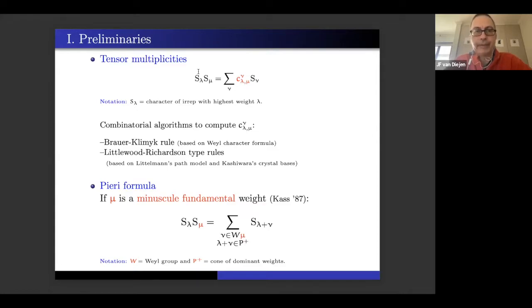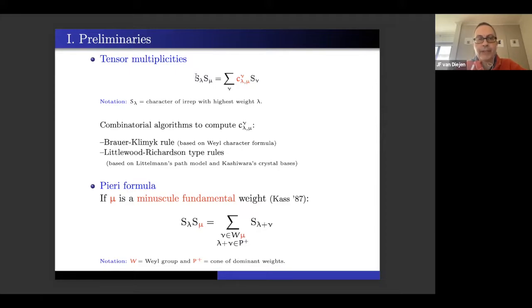So if you want to calculate these multiplicities, you just multiply the characters and decompose in the irreducible characters. So this turns this problem into a problem of symmetric functions, if you like, and so this brings you in the area of special functions, very elementary special functions though.